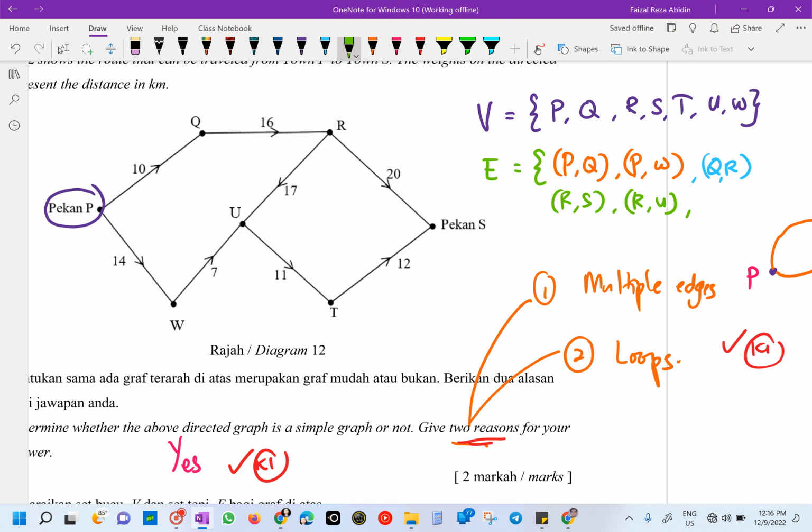So no, we don't have to list that one. So we move to T. T is going to be TS, isn't it? TS ada kan? Then, is it TU, can or cannot? Cannot. So we are going to move to our U. U is going to be UT only, isn't it?